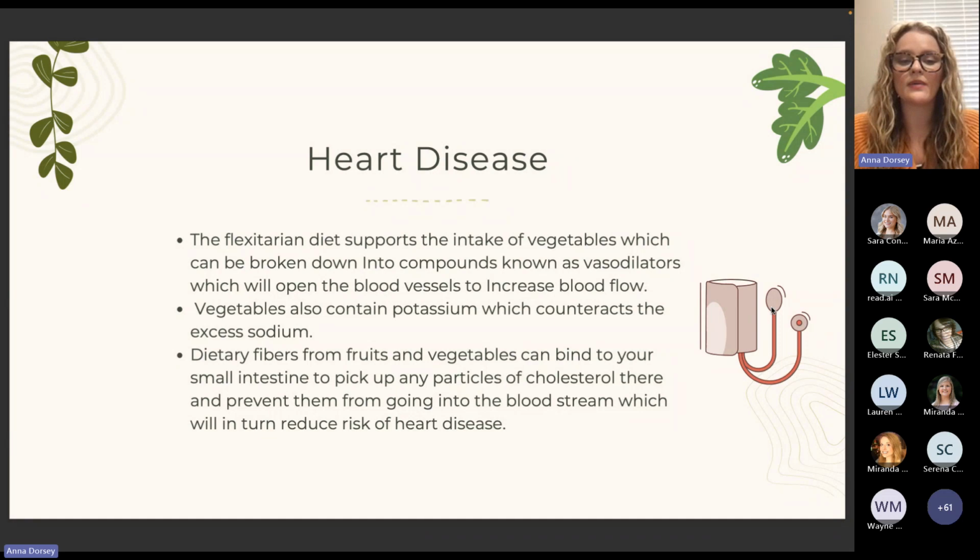And then we'll talk more about dietary fiber, but fruits and vegetables, whole grains, and legumes have a really high amount of dietary fiber. And so dietary fiber will bind to the cholesterol in the small intestines, and it's going to prevent that cholesterol from going into the bloodstream, which then can form plaque in your arteries and ultimately cause things like strokes or heart disease.